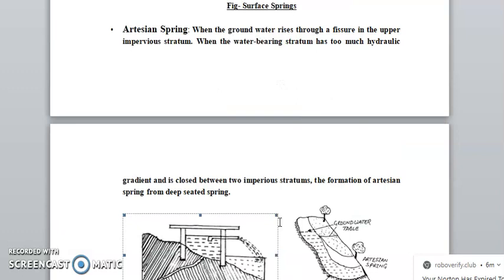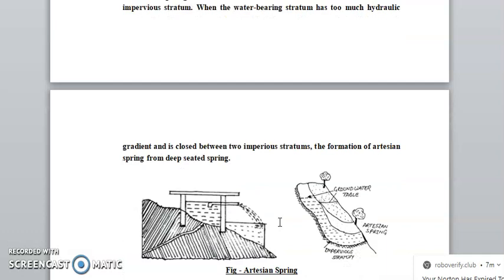Artesian spring: when the groundwater rises through a fissure in an upper impermeable stratum, when the water-bearing stratum has too much hydraulic gradient and is confined between two impermeable strata, the formation of an artesian spring from the deep-seated spring occurs.